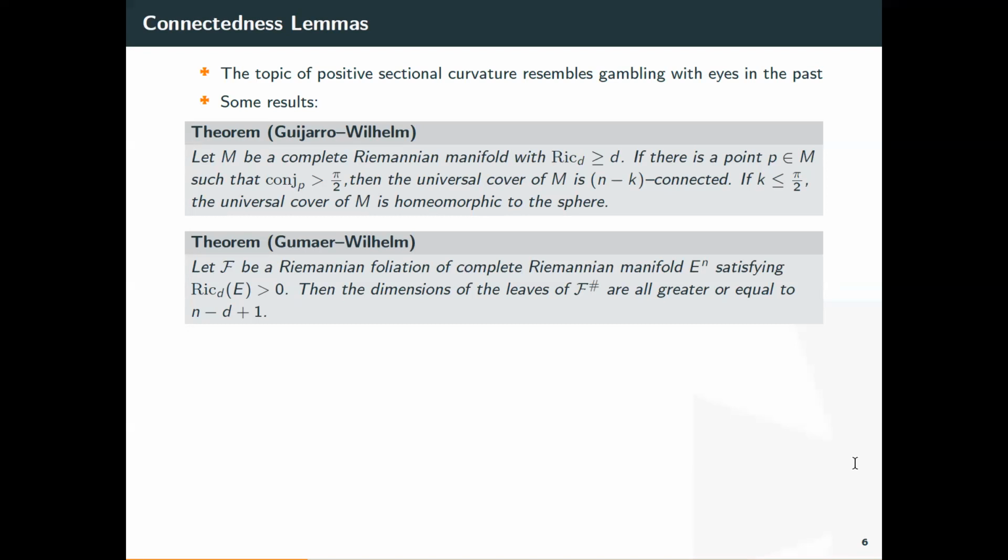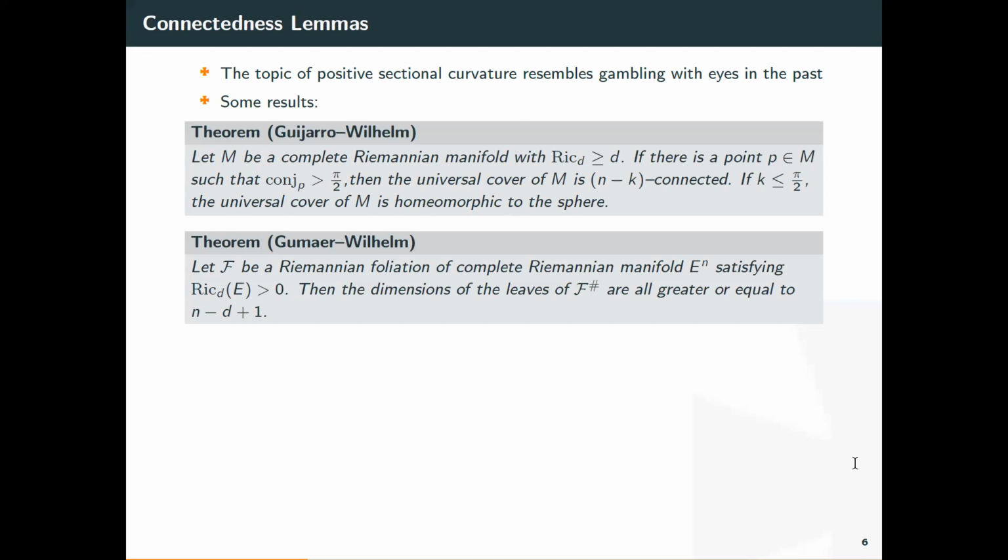And this is very important because we know by a result of Burago and Zalgaller, I mean Bücher, that positive sectional curvature, so d equals 1, leads to the dimension of the leaves being equal to the dimension of the manifold itself. Indeed, the dual foliation is trivial in the sense that it is the whole manifold, and two points on the manifold can be joined by horizontal geodesics.